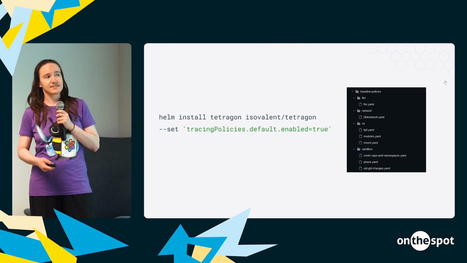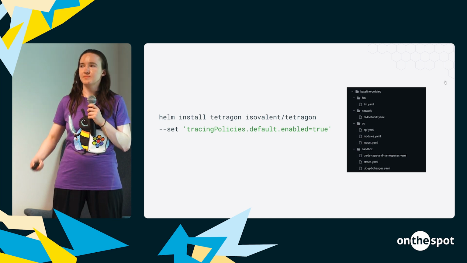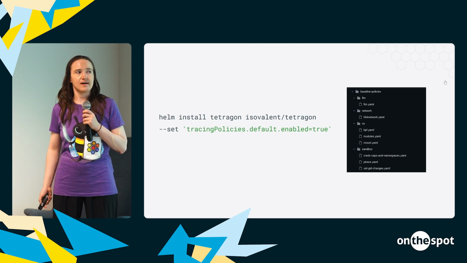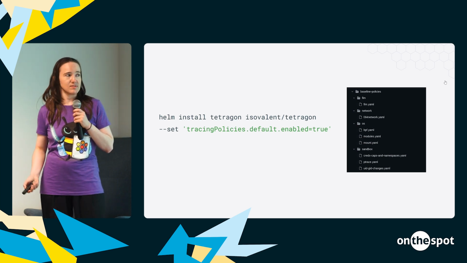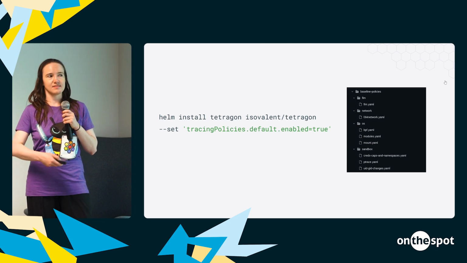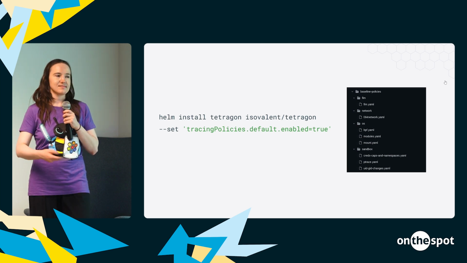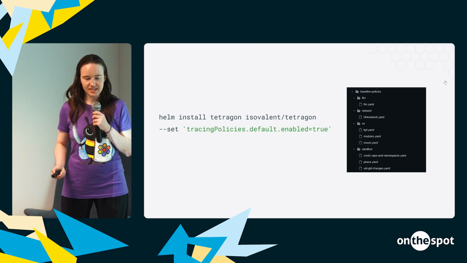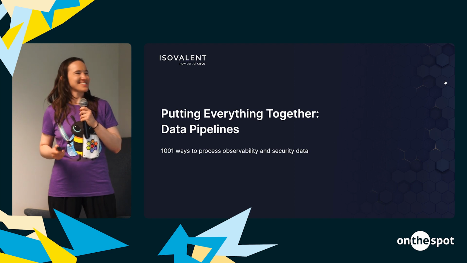It's essentially a set of policies for monitoring operating system integrity, for monitoring containers, and some suspicious network activity. To make it easy to install, we just put it in the Helm chart that you use to install Tetragon in Kubernetes, and with one Helm value, you can enable this default rule set. All right. Oh, it worked this time.